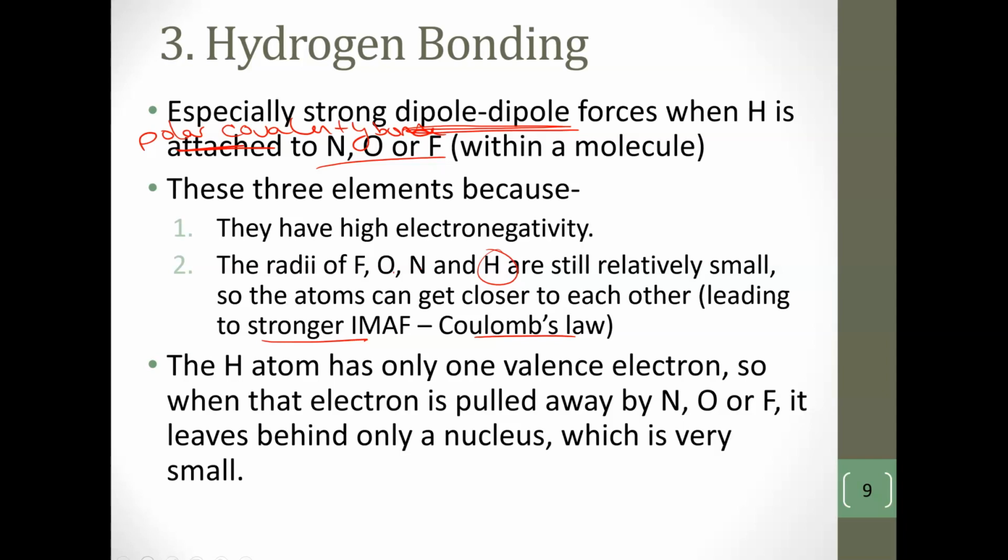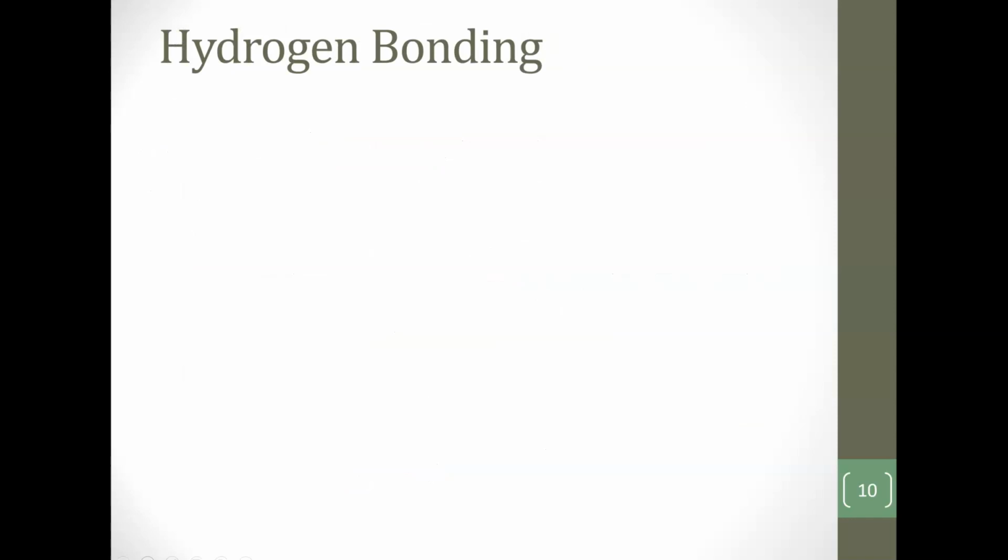And the hydrogen atom only has one lousy little electron, and so that electron is pulled away and spends almost all of its time by those guys. What you have is, if you have N-H, really what you have is you have N with electrons and a nucleus, which is really, really small. And because it's really, really small, it can get close to another atom, another lone pair.